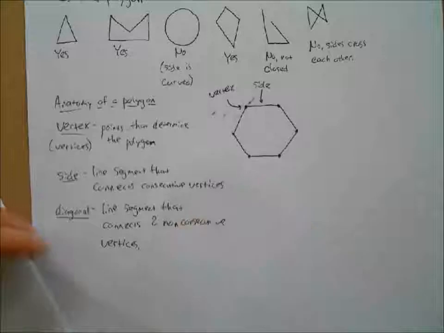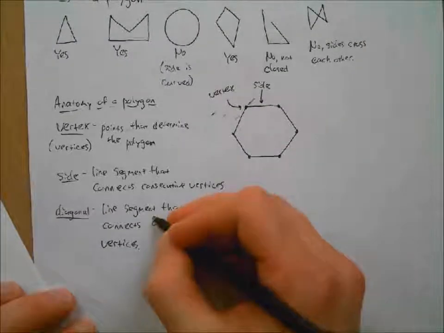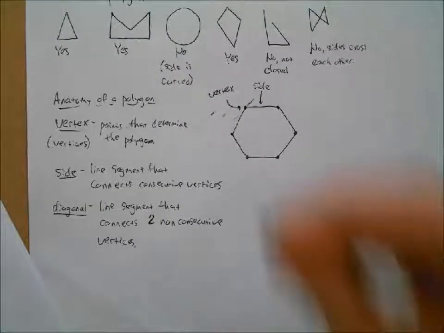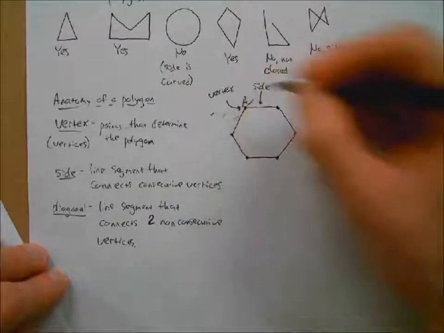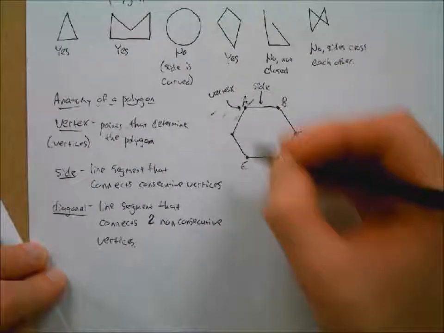It's a line segment that connects two non-consecutive, not next to each other, not in order vertices. All right, so let me name some of these things here. I'm going to name the vertices A, B, C, D, E, F.